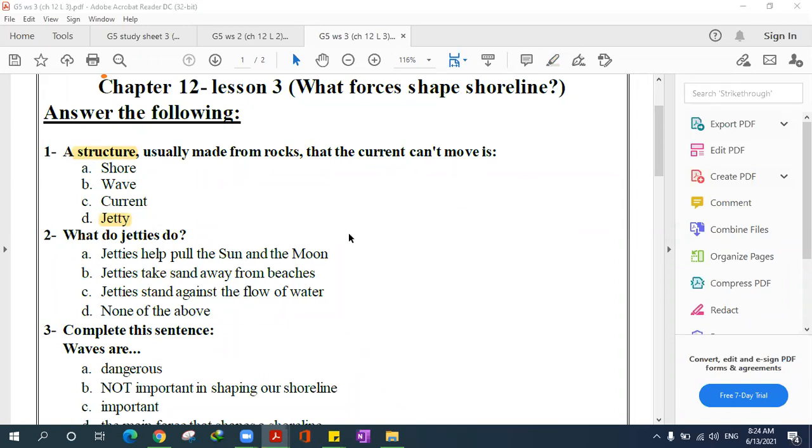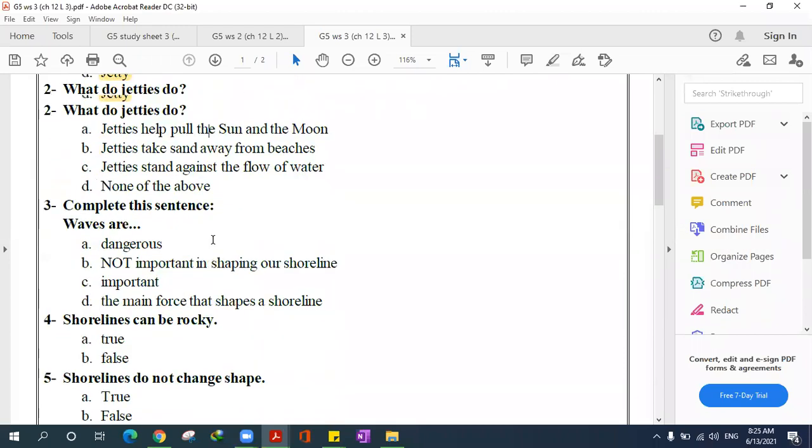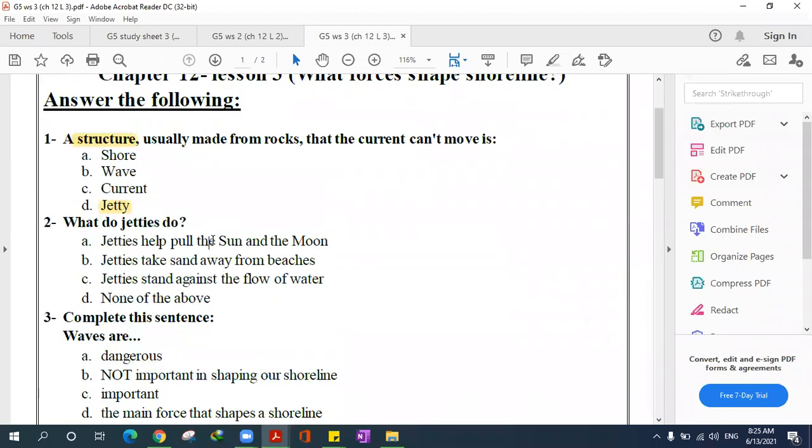We have Habiba. Yes, Habiba. Would you like to answer number 2? Yeah, sure. Read it, please. What do jetties do? Jetties help pull the sun and the moon.